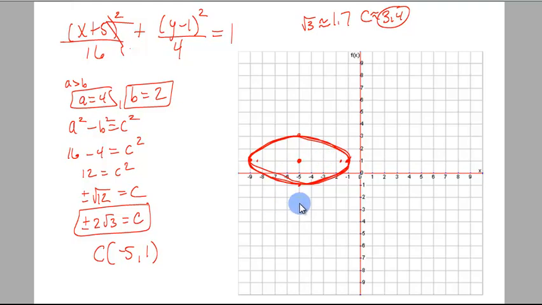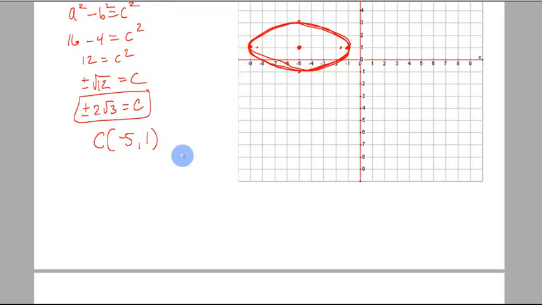Okay, what are the exact answers for the foci? Well, you take your plus or minus 2 square roots of 3 and you add it to your x value, right, of the center. So the x value of the center was negative 5. So if I were to write the foci, I would write, let me move down here maybe a little bit.